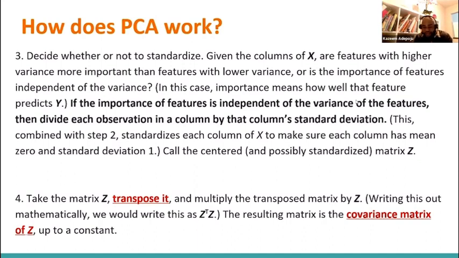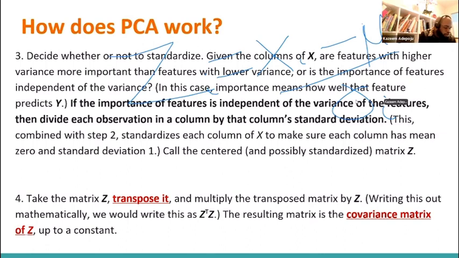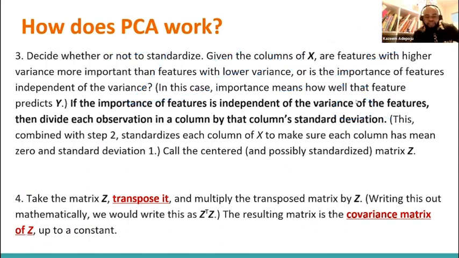In step number 3, you decide on whether or not to standardize. What do I mean by standardization? You remember, the standardization is going to be zi equals xi minus mu divided by the standard deviation. You remember, it is the z score, right? So we need to decide on whether or not to standardize.